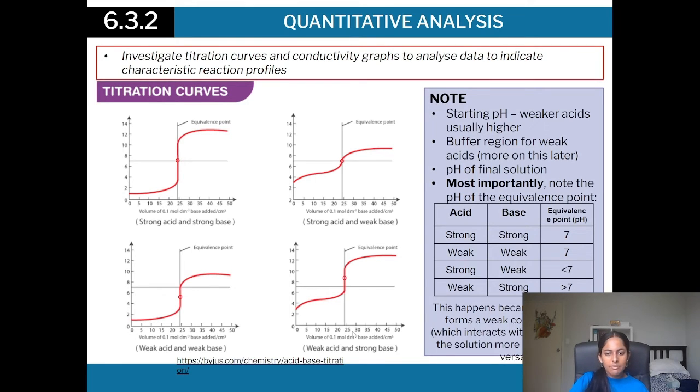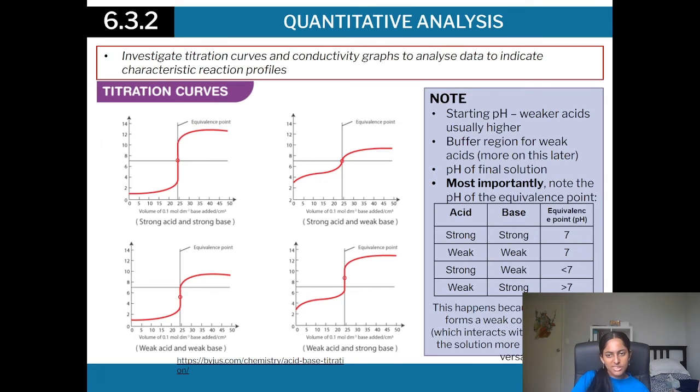But anyways, if we're just going to explain what a weak acid, strong base curve looks like, you will have a buffer region occurring over here because you have a weak acid, so therefore it will form a buffer. However, the buffer is broken, and you can see here that it shoots up because you have a strong base being added, and then it eventually keeps on increasing because of the strong base, and you're producing more hydroxide ions.